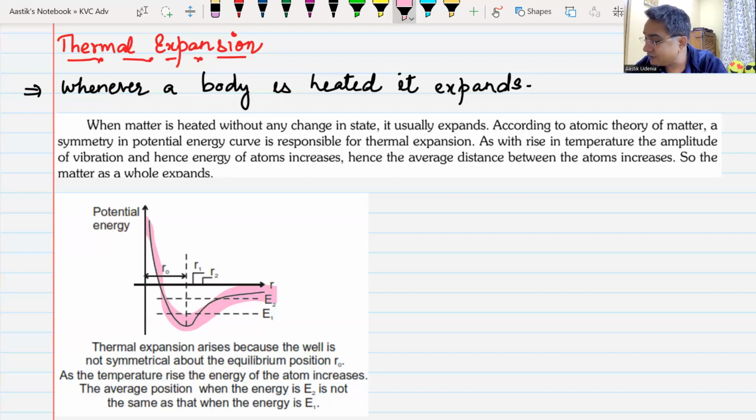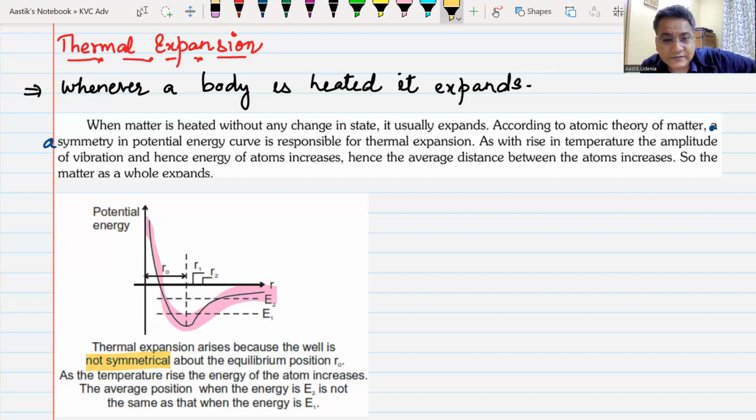Because of asymmetry, because of the curve being not symmetrical, because of the increase in vibrations, the average distance between them increases, because when the distance increases, only then can they have minimum potential energy. Do we understand this? Yes, sir.